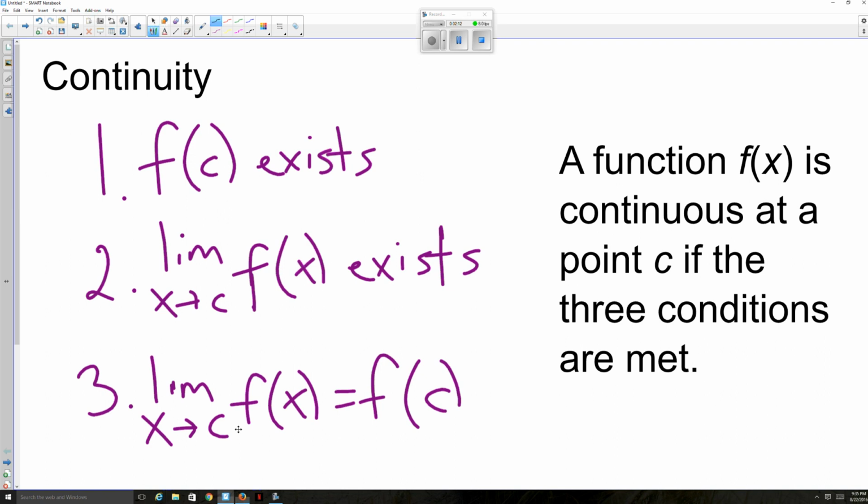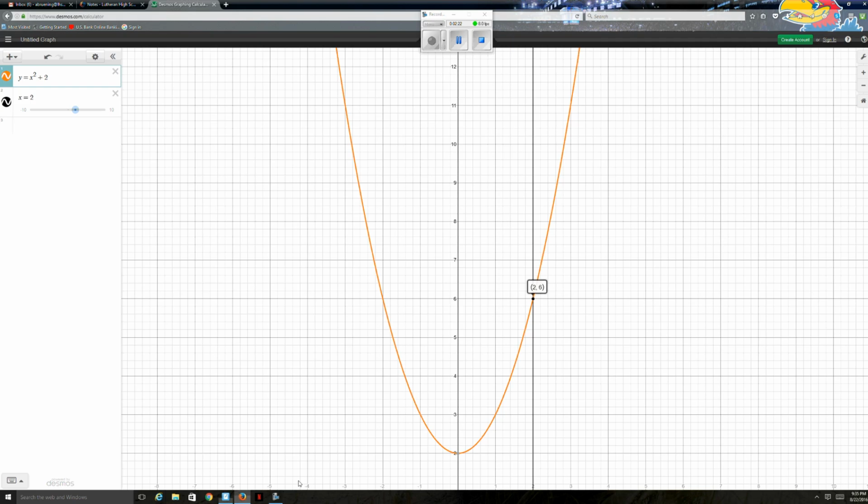So yeah, the limit exists. And the third thing, does the limit equal the function value? Yeah, it does. The limit comes to 6, and the function value is 6 there.